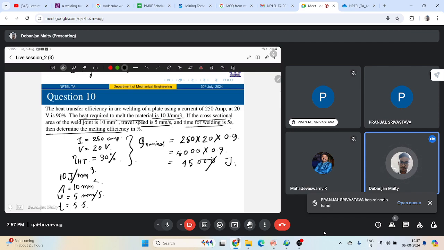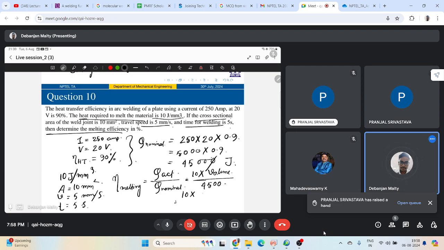So I need to determine the melting efficiency. So eta melting is equal to my actual heat, divided by the nominal one, right? So if the heat required to melt the material is 10 joule per mm cube, I need to multiply it with the volume of the melted material. That will give me the actual heat, and that divided by 4,500, right?